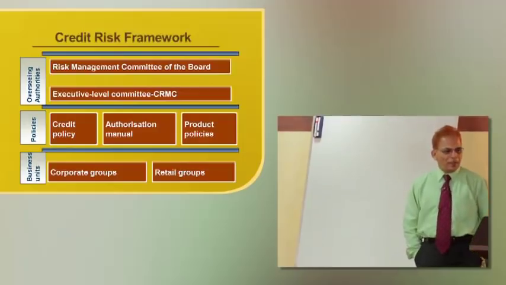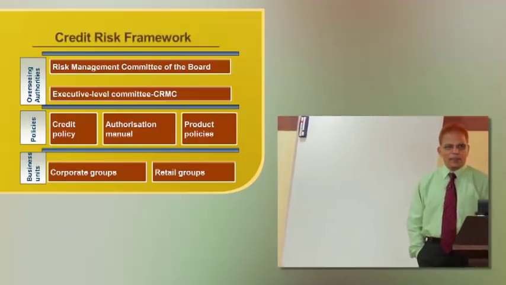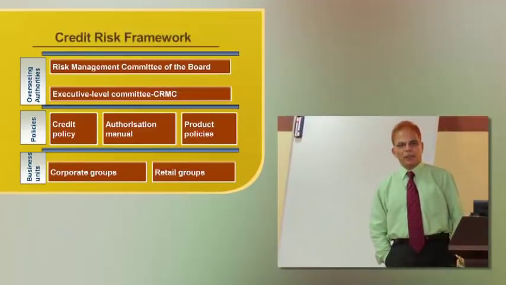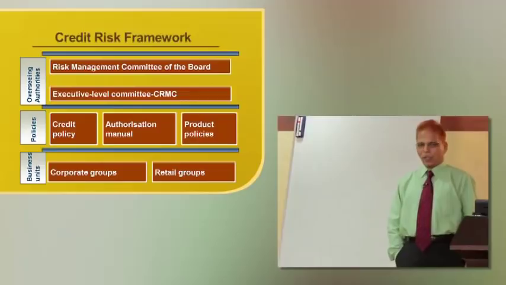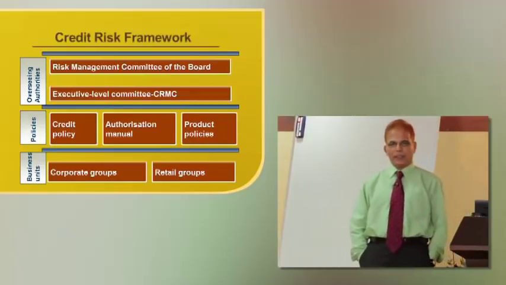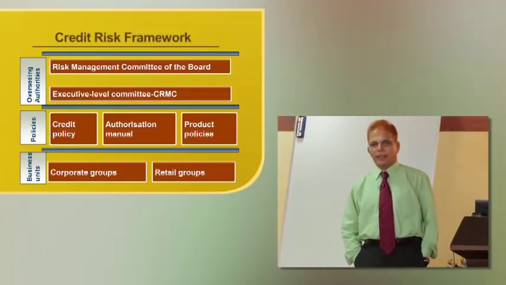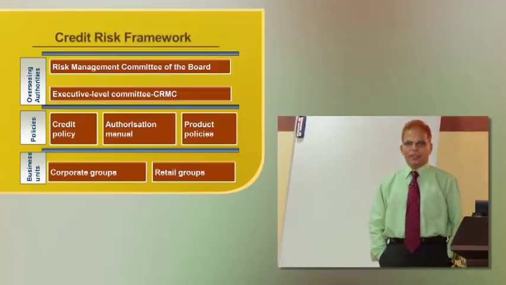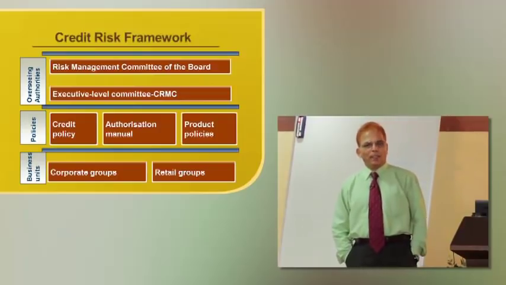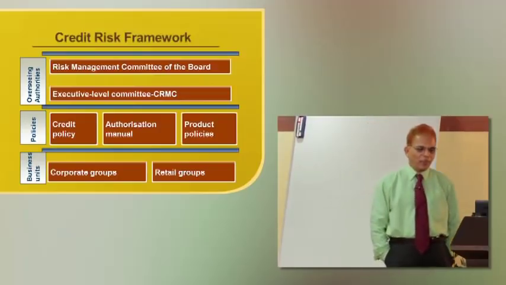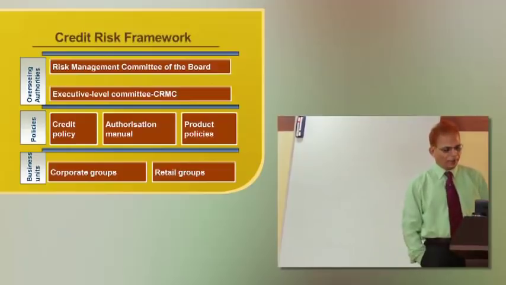At the policy level, we will have the credit policy, then the authorization manual which will give the delegation of powers, and there will be product-specific policies. We know that each product, though it is a loan product, will have different credit features. The kind of risk is not uniform across all the credit products. So product policies also become very important.